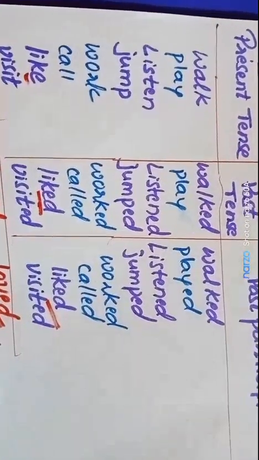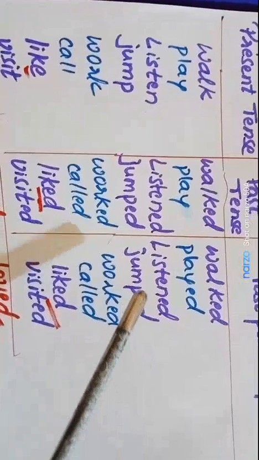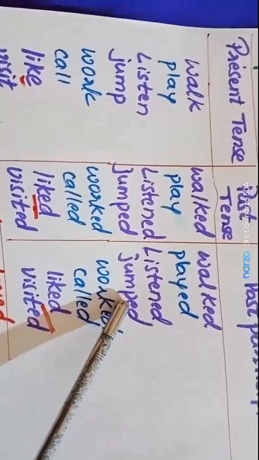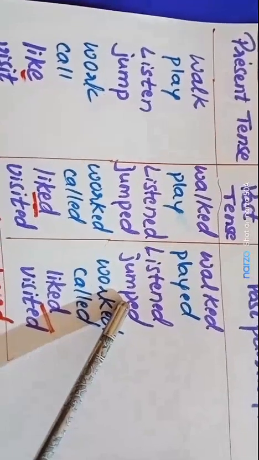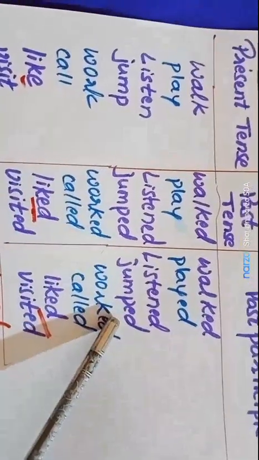As you can see, the pattern for regular verbs is generally consistent with the addition of "ed" to the base form for both the past tense and the past participle of the verb.